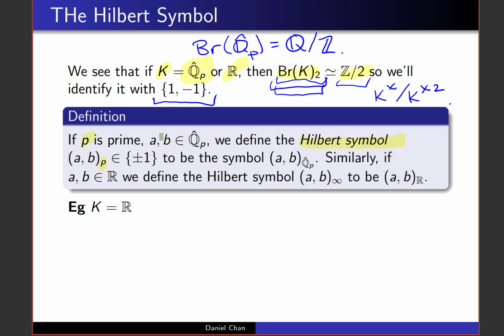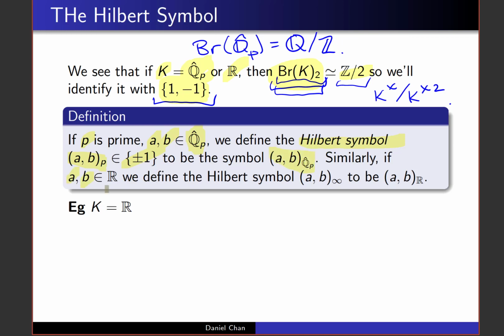You look at two elements a, b in the p-adic rationals, then (a,b) is some quaternion algebra, and you can think of it inside this 2-torsion in the Brauer group, so it's either plus or minus 1.